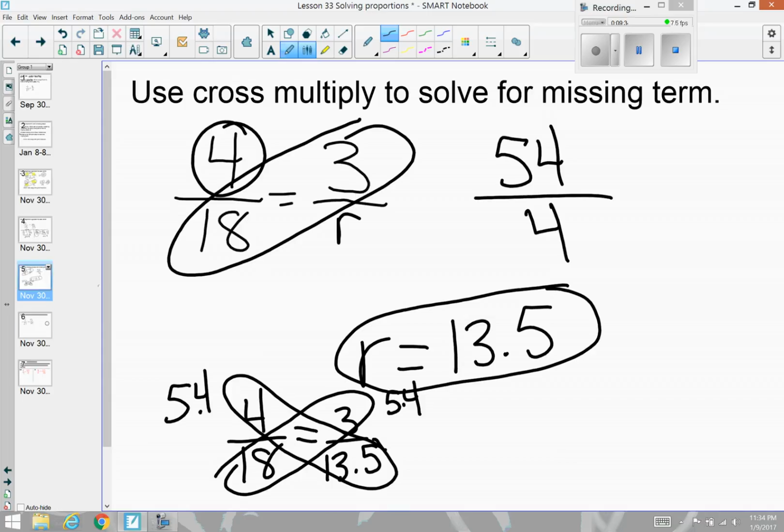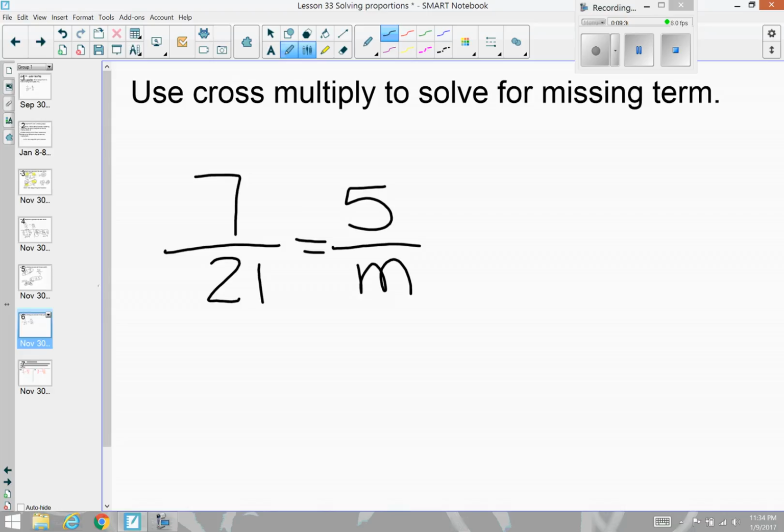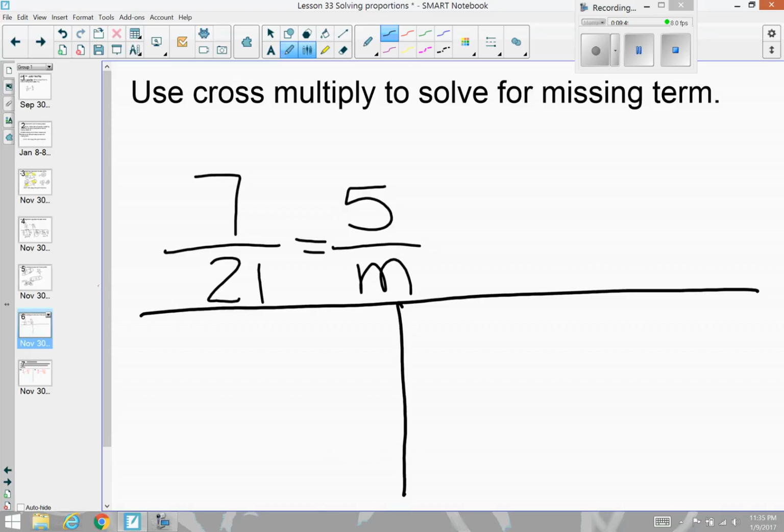All right, our last practice problem today is 7 out of 21 is equal to 5 over m. I'm going to solve it two different ways. In the first way, I notice that 7 over 21 can easily be simplified. So 7 out of 21 can easily be turned into 1 out of 3, and that's equal to 5 out of m.